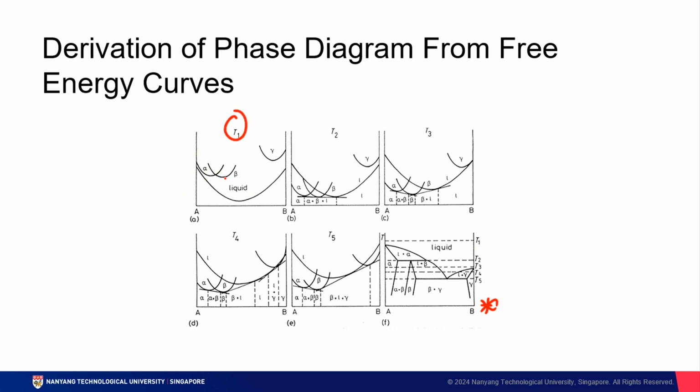Even though we've got multiple free energy curves, alpha, beta, and gamma, notice that the free energy curve for liquid has the lowest Gibbs free energy. So no matter where it exists at T1, even though there are free energy curves of alpha, beta, and gamma phases, the liquid phase will be dominant because it is the most thermodynamically stable.